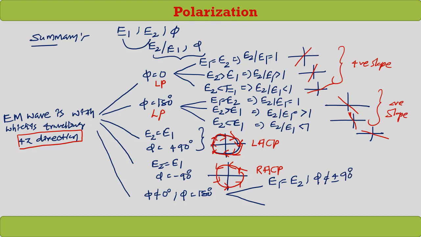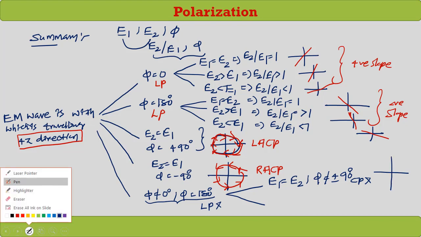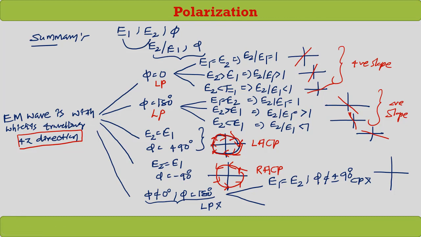Because you have taken it like this, LP you will not get. Since phi is not plus or minus 90, CP you will not get. So the remaining is elliptical polarization. Based upon the E2 by E1 ratio, you will get a tilted ellipse.